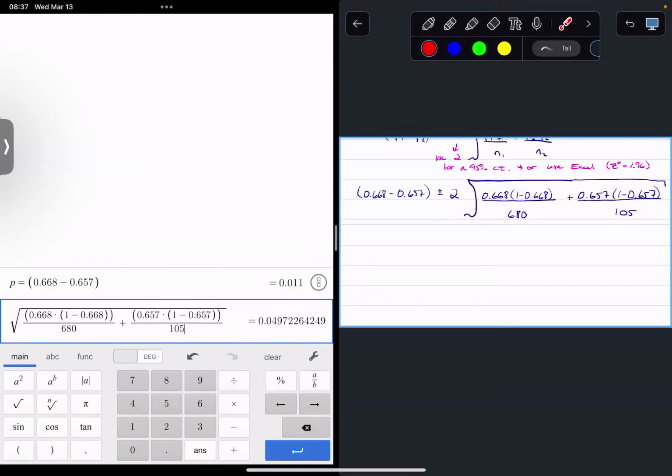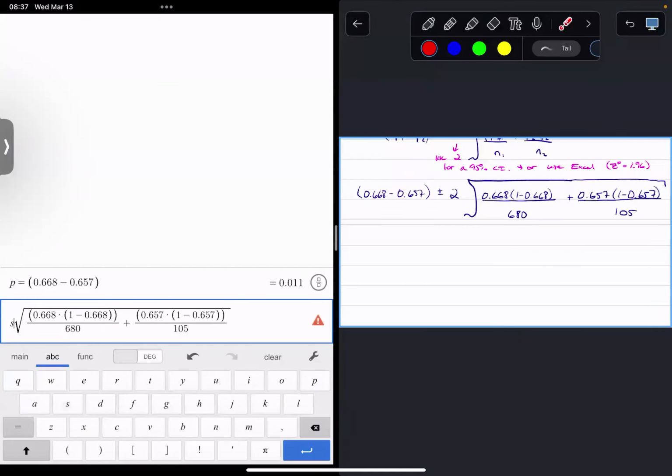Hey, we did it. This is the standard error, so I'm going to call it S.